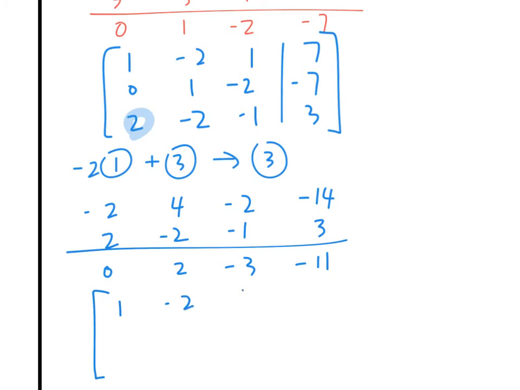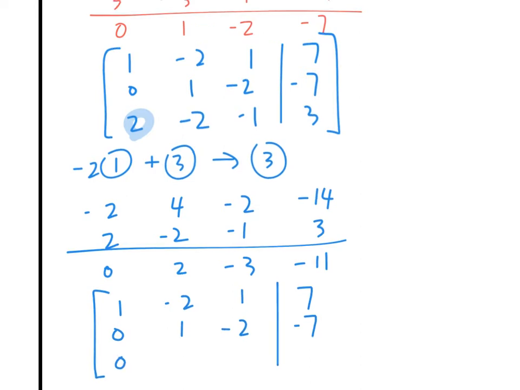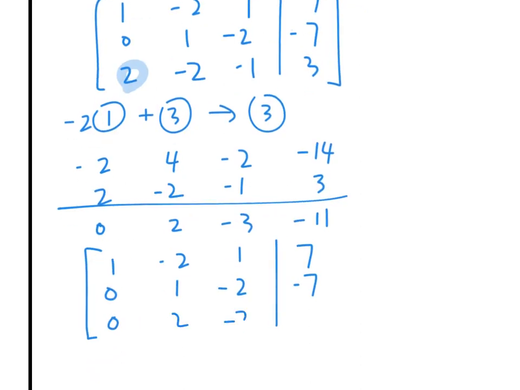So now we have 1, negative 2, 1, 7; 0, 1, negative 2, negative 7; and then 0, 2, negative 3, negative 11. Okay, what should we do next? We usually go to this one and make that a 1, but that's already a 1.